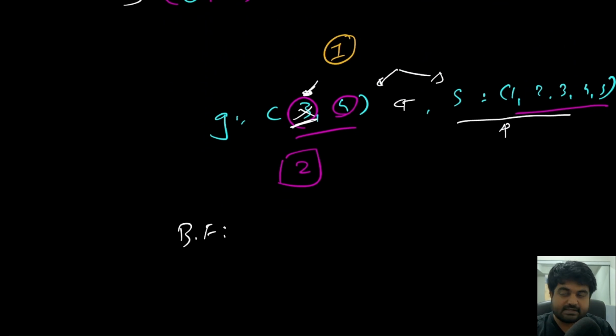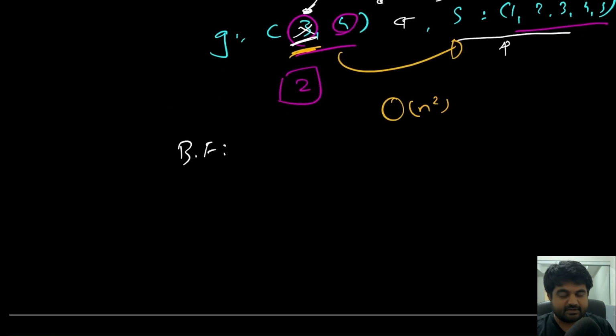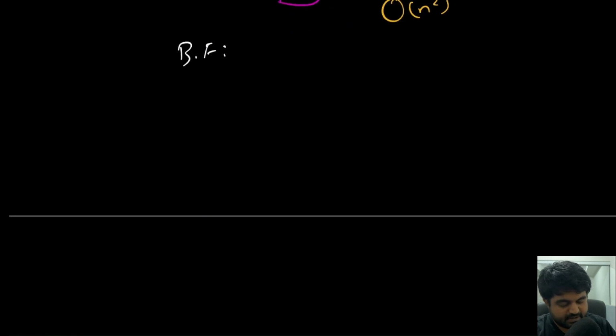If it does not exist, then we cannot. This approach would work as expected, but it goes into big O of n square time complexity, because for every single greed we have to look into the sizes array, or vice versa.